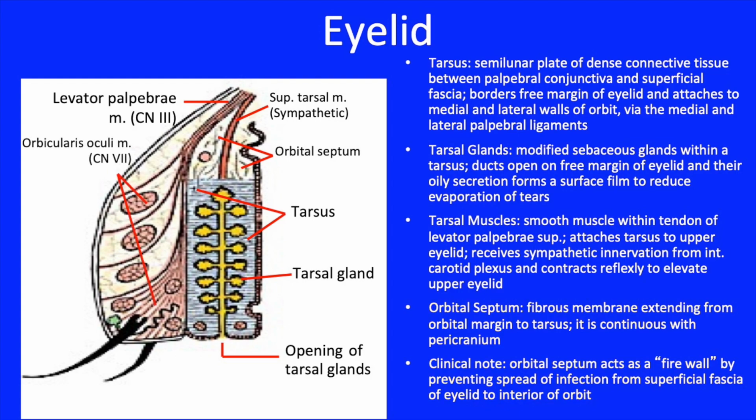Remember also that within the eyelids we have muscles of facial expression, the orbicularis oculi. Hence, note the distinct innervation between the levator palpebrae muscle, cranial nerve 3, and the orbicularis oculi, cranial nerve 7. Of course, we also have eyelashes, called cilia, and these are associated with ciliary glands that can become infected and blocked.